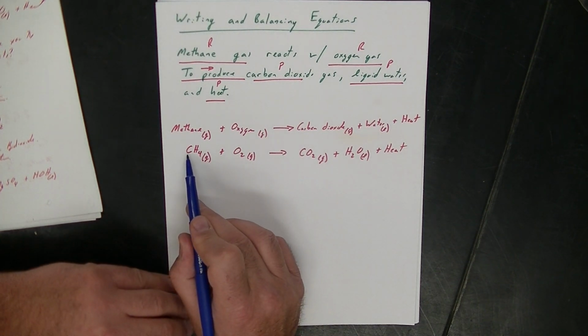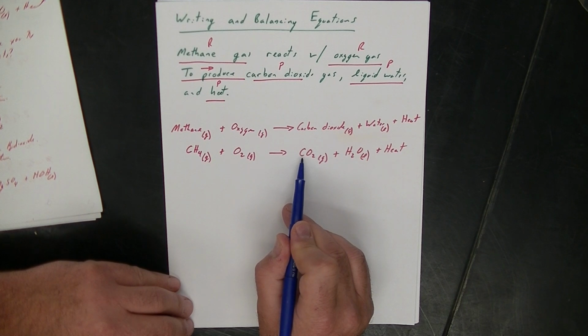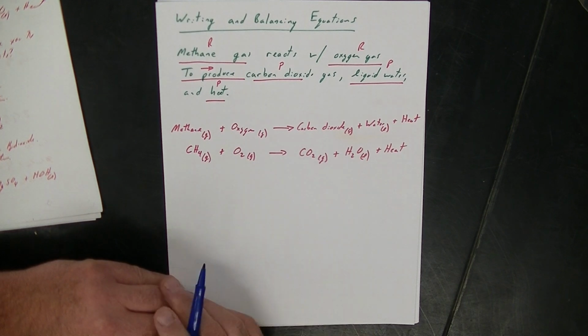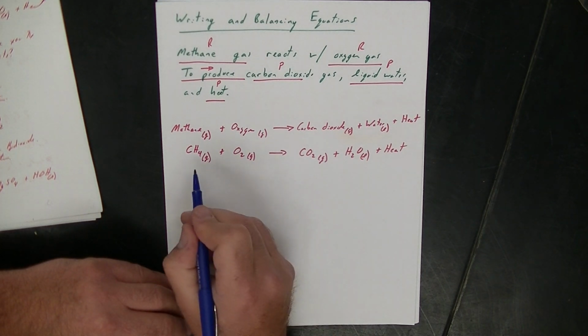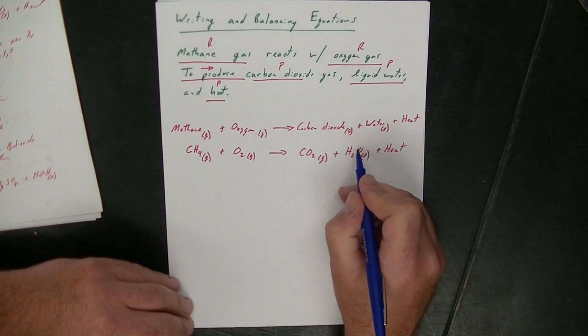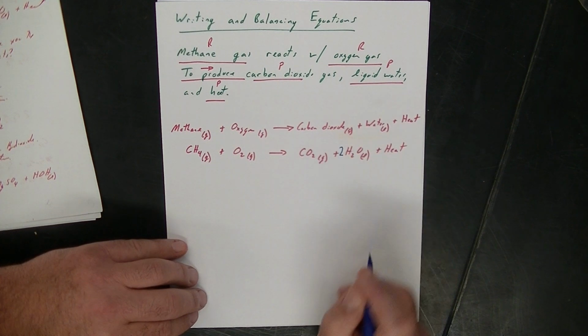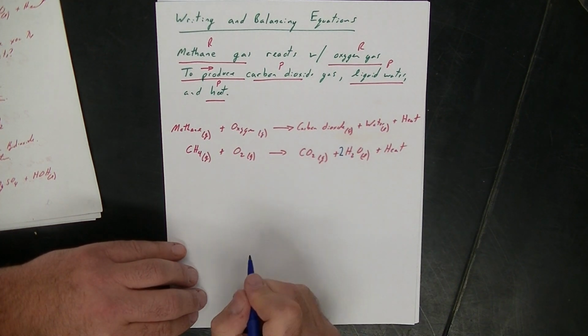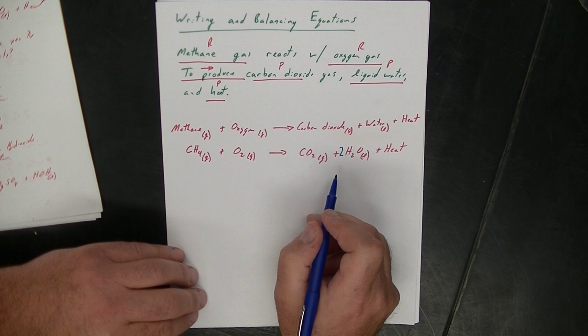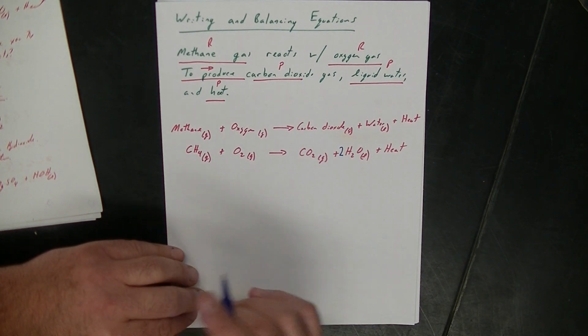When you go to balance these, start with your carbons. This carbon is going to all go to this CO2, so we got one here, one here. Then work on your hydrogens. I have 4 hydrogens here, 2 hydrogens here, so I need to add a coefficient of 2 to balance that. And then finally we can look at our oxygens.